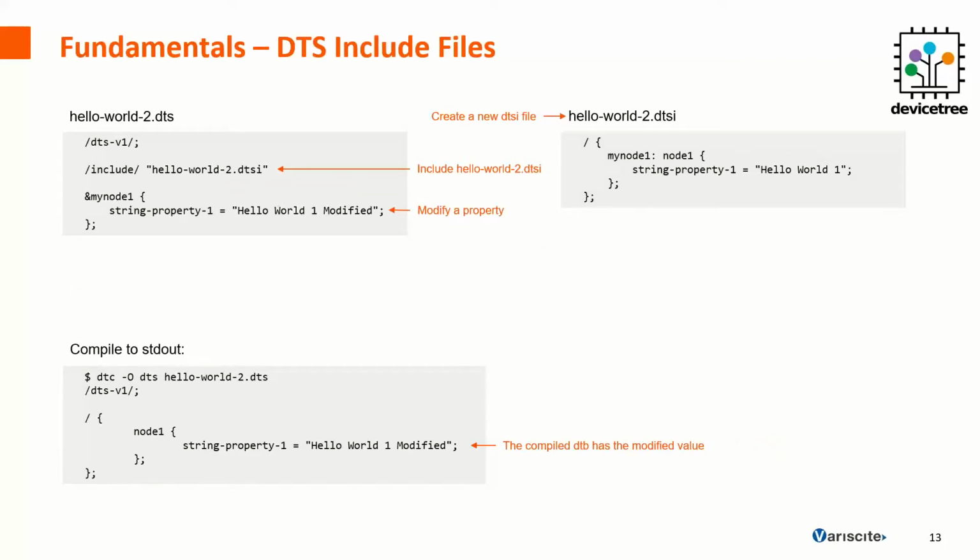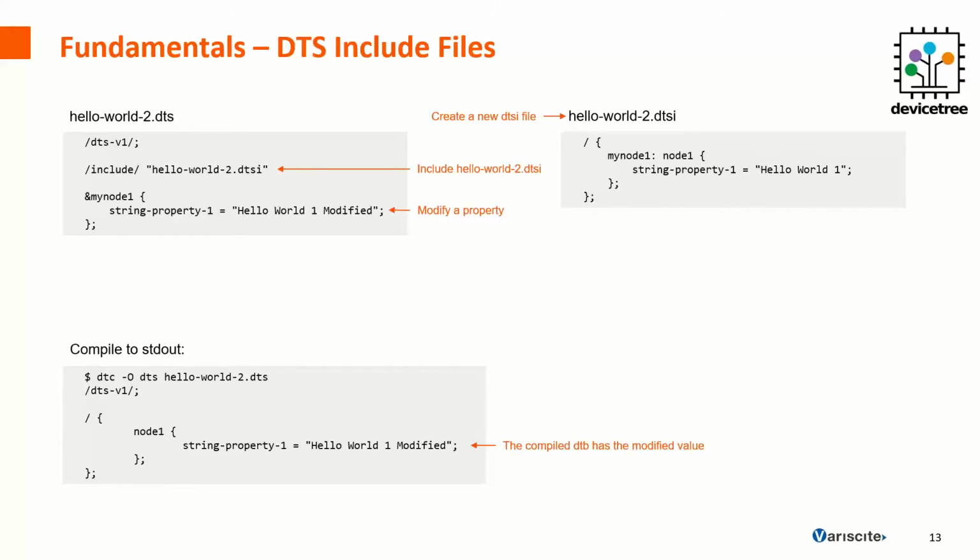Here's another example with labels, except now we've used an include file. So in helloworld2.dtsi on the right, node1 is defined again with string property1 set to hello world 1, and it has a label called my_node1. On the left, in helloworld2.dts, we use the my_node1 label to modify the string property.